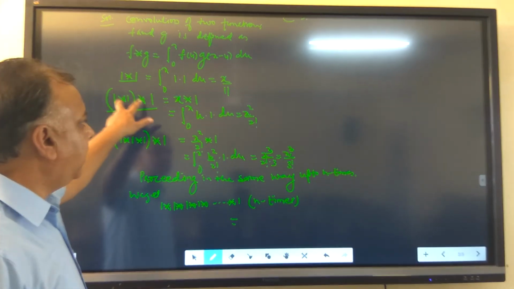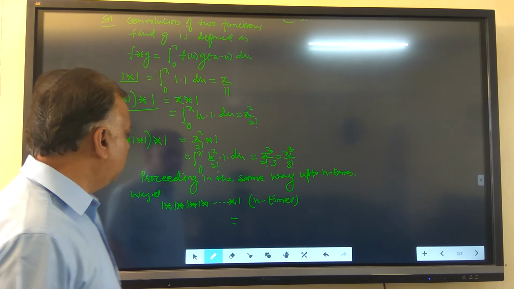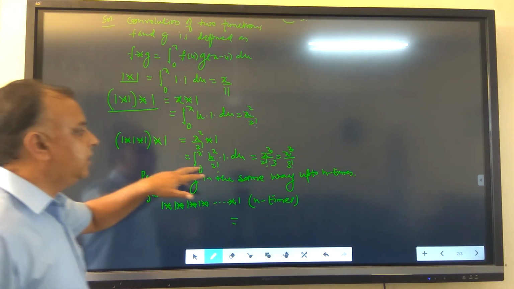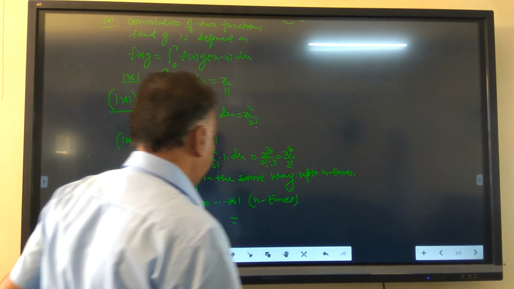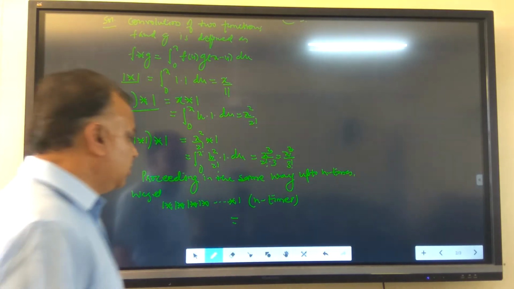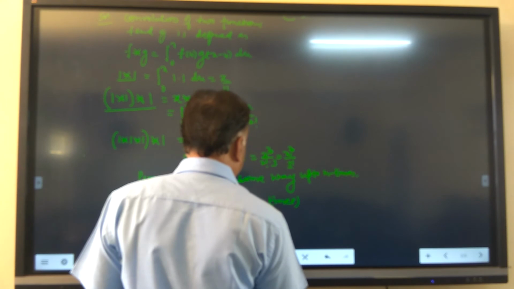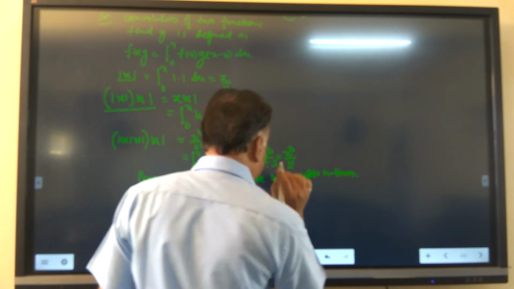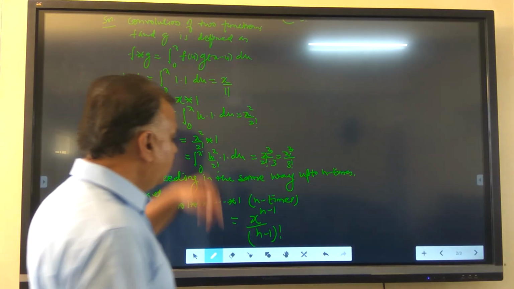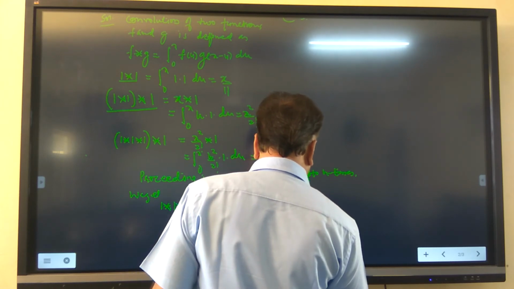The convolution of 3 ones is x square upon factorial 2. The convolution of 4 ones is x cube upon factorial 3. And the convolution of n ones, we get x raised to n minus 1 upon factorial n minus 1, which is the required solution of the problem.